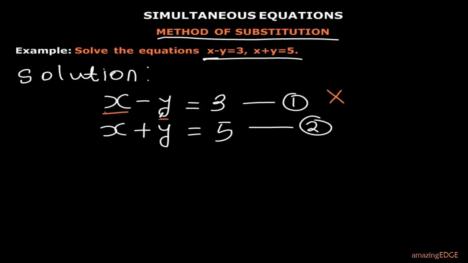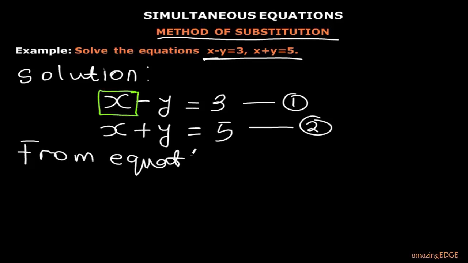So the choice is yours again to make one of the unknowns in equation 1 the subject of the formula. Supposing I decide to make x the subject of the formula, from equation 1, I'll make x the subject of the formula.